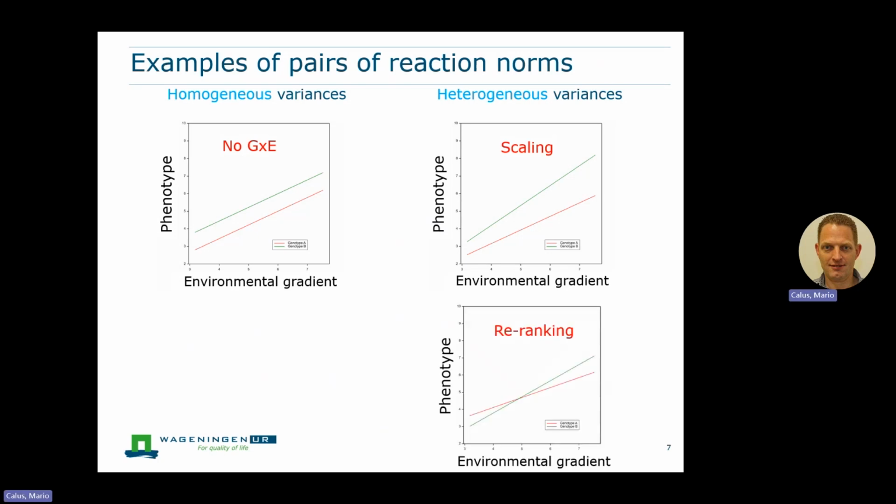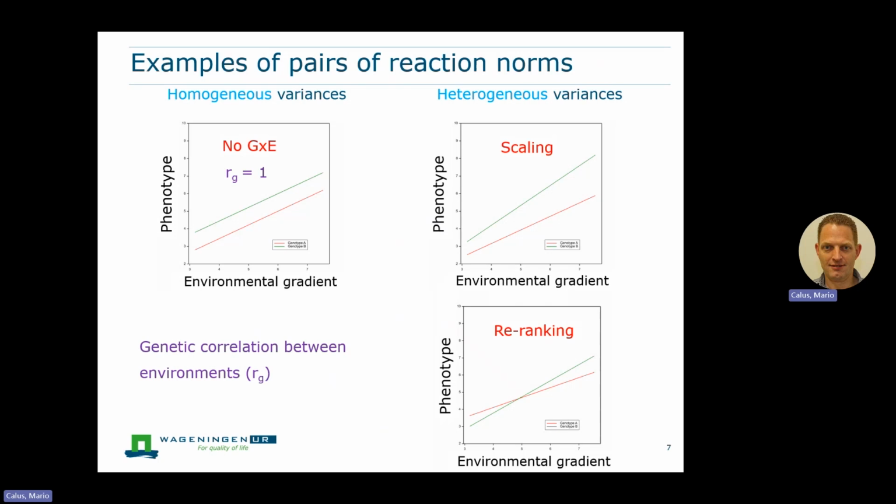And then finally, the one that we as animal breeders are typically most concerned with is if there's a re-ranking, and this happens as soon as the reaction norms cross each other. So in this case, in one environment, the red individual would have the best phenotype, and in another one, the green one would have the best phenotype.